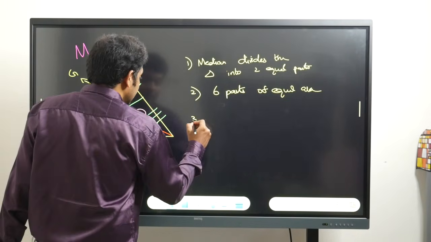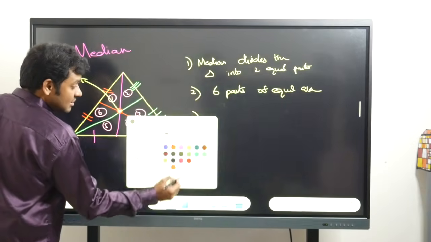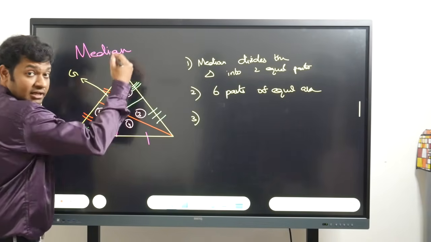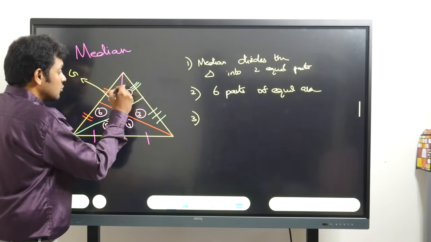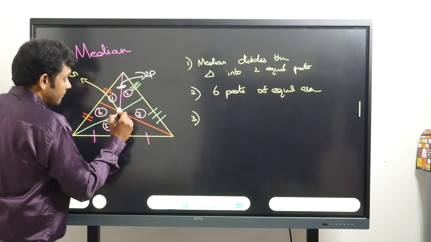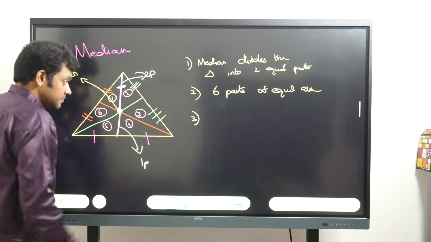Now point number 3: the centroid divides the median in the ratio 2:1. If this portion is 2 parts, this portion is 1 part.